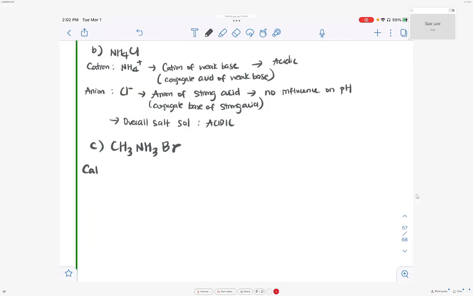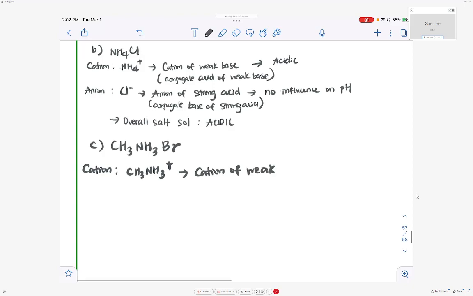As for the cation, you have methyl ammonium. This is a cation of weak base, or in other words, conjugate acid of weak base.